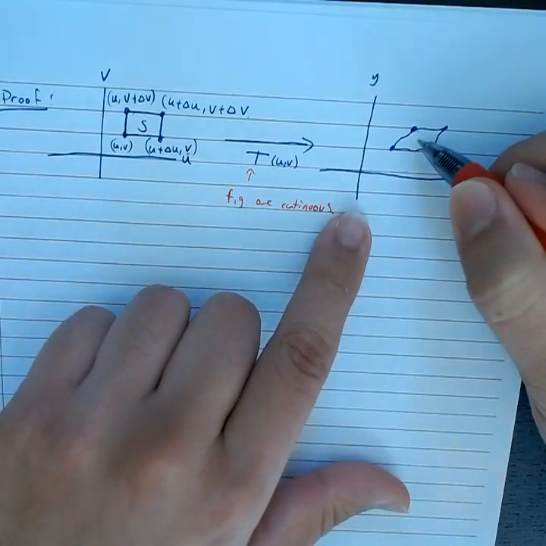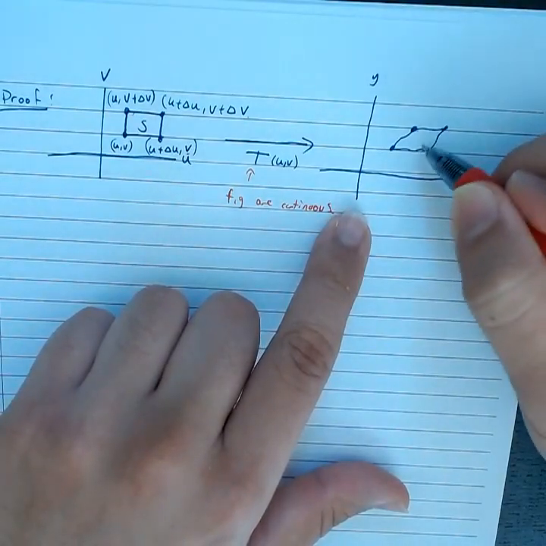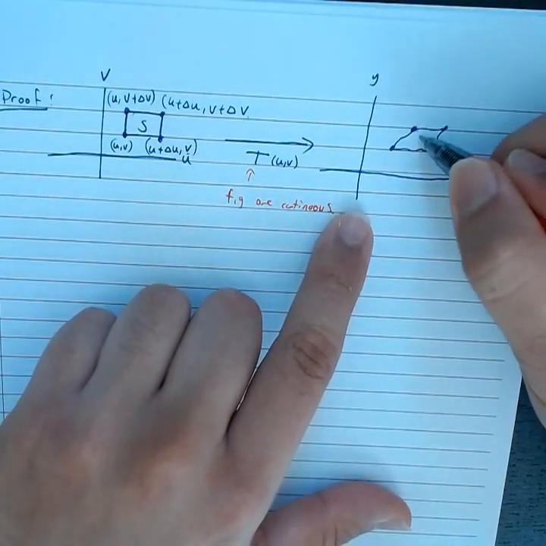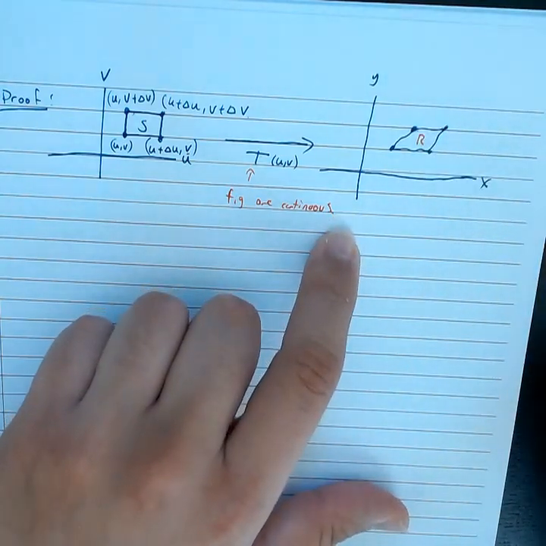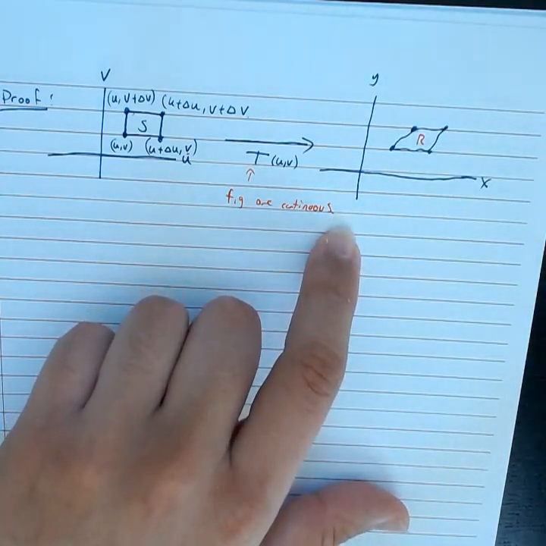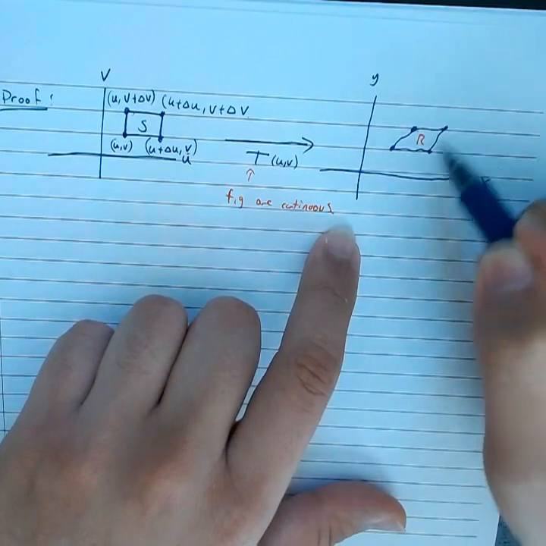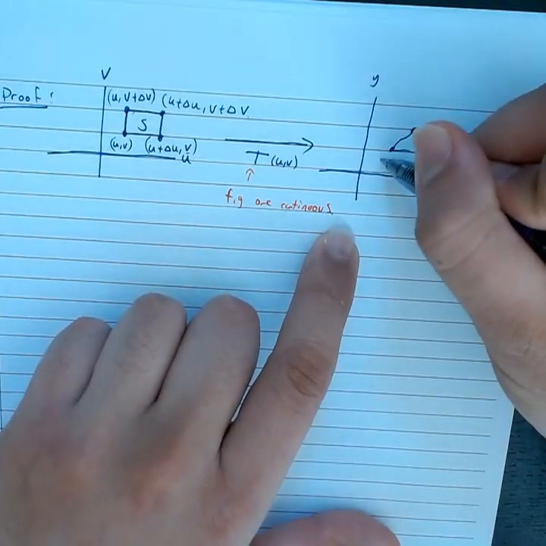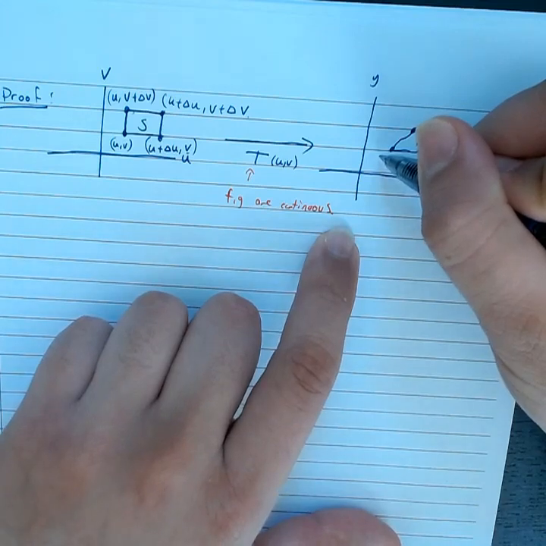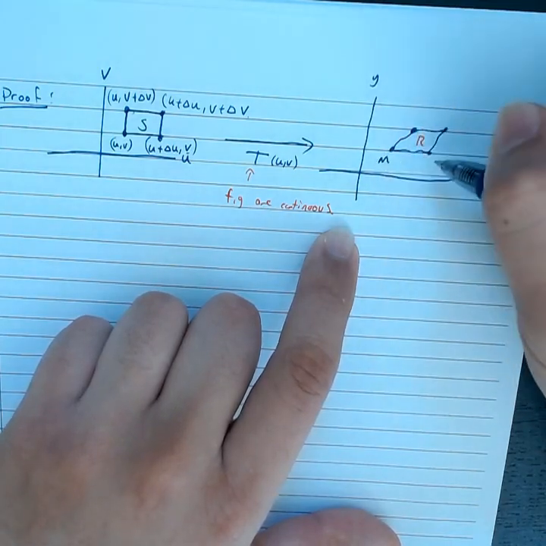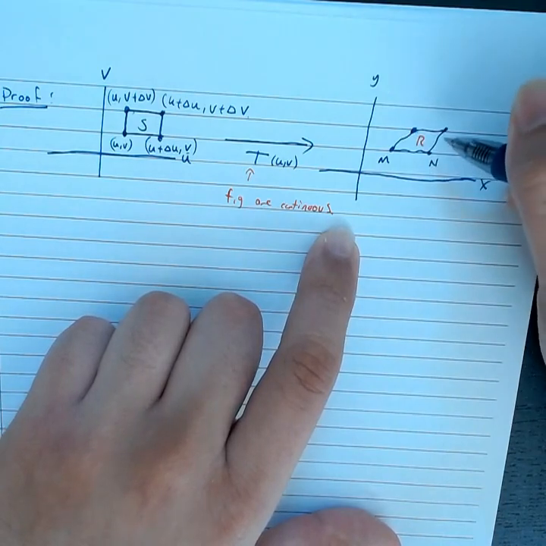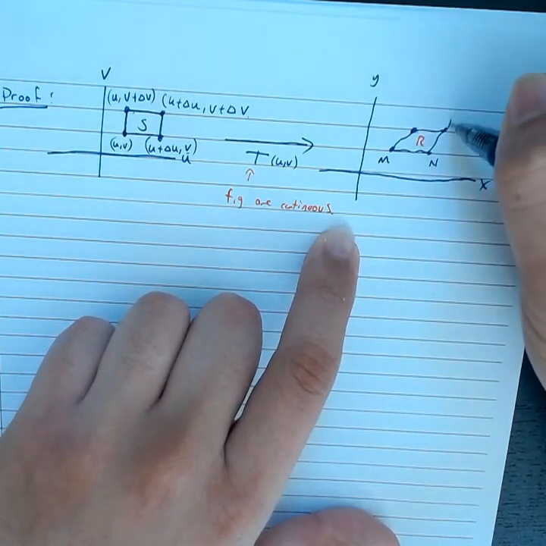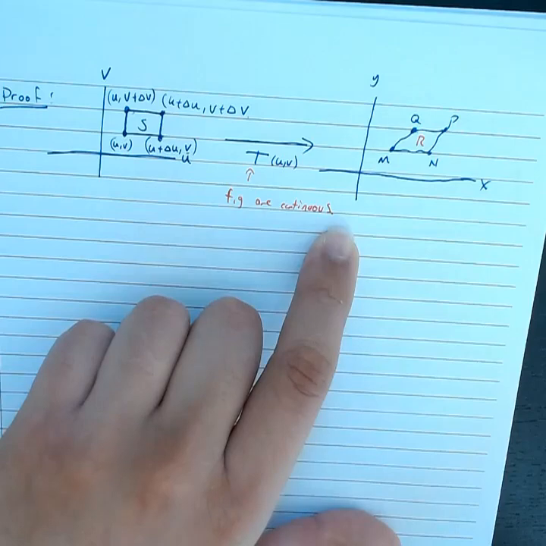Here is my region R, and R is approximately a parallelogram, more or less. Let's go ahead and label these corner points, and we'll use M, N, Q, and P, like this.